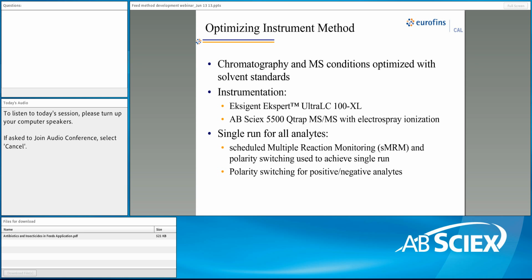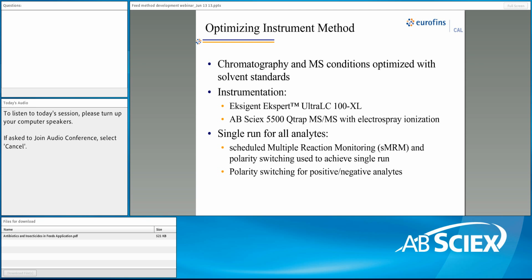This instrument was chosen due to the rapid speed and sensitivity. The electronics on this allow some really interesting analysis methods due to the speed of the data capture. For this method, we had hoped to get a single run for all of our analytes.